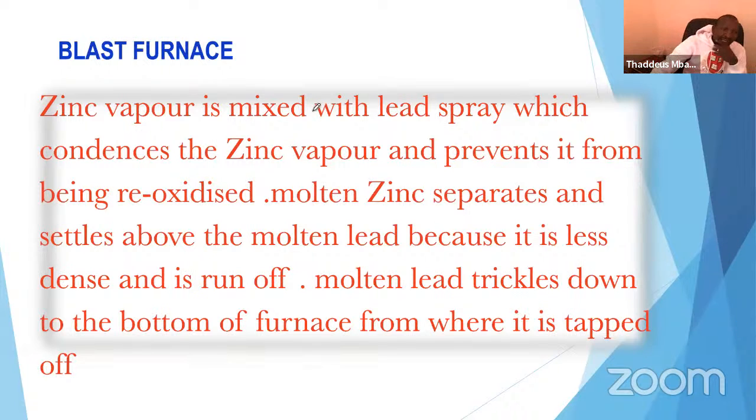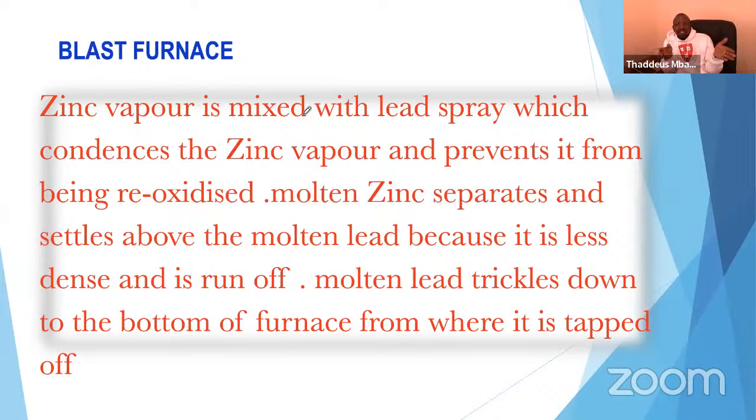So you need to understand these things. Whatever we get here is zinc vapor, but now it is mixed with lead spray, which contains the zinc vapor and also prevents it from being reoxidized. Molten zinc separates and settles above the molten lead because it's less dense. What I want students to understand is that zinc blende is always mixed with galena, which is lead sulfide.